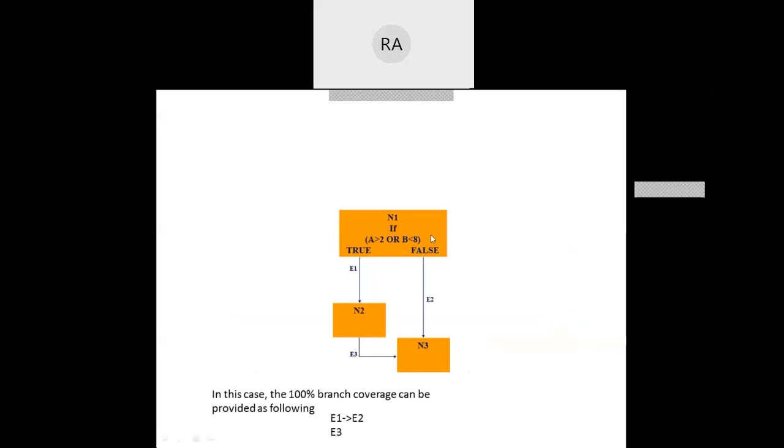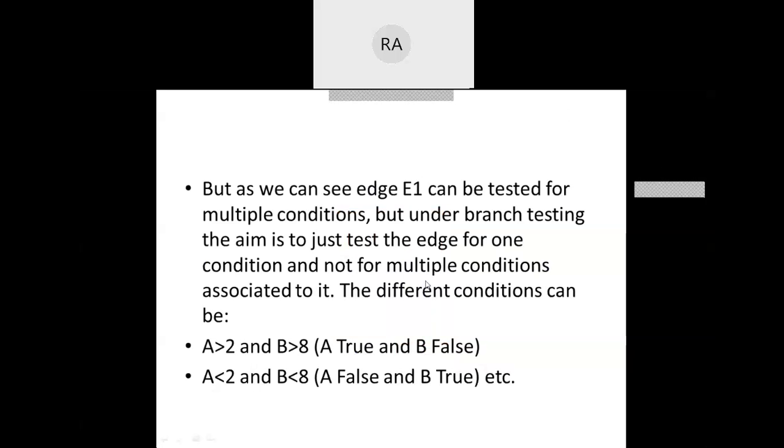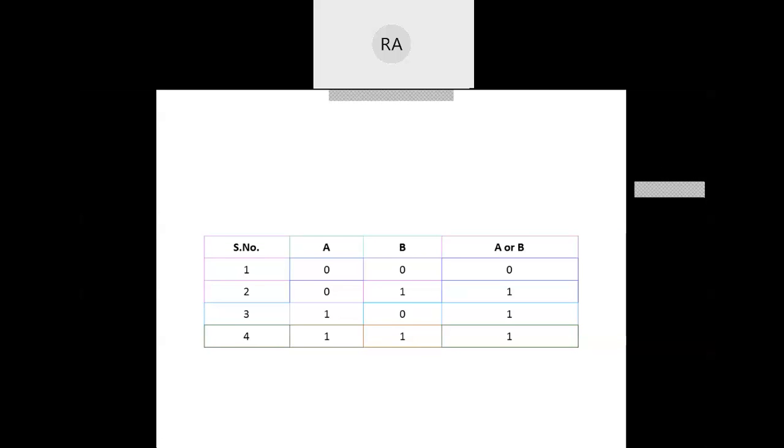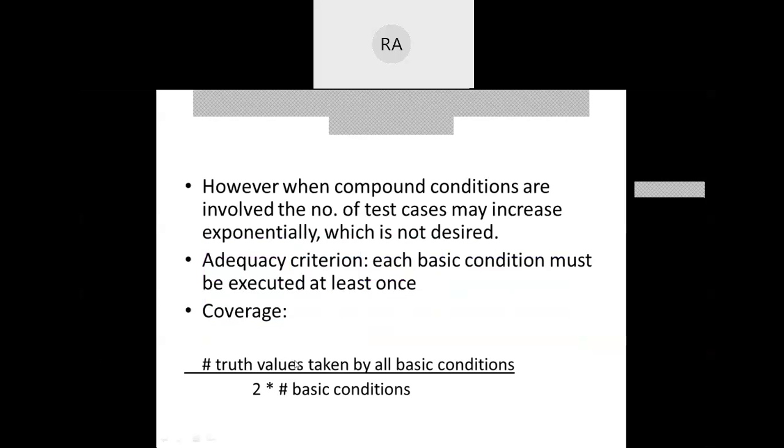But in branch coverage, I will just take up one possible value for this condition, whether a particular branch gets executed or not. That's it. That is the end of branch coverage. But here, I'm going to test for all the possible values for A and B, and the outcome I'm going to test. Based on the outcome, I'm going to arrive at the coverage. So that is about the condition coverage.